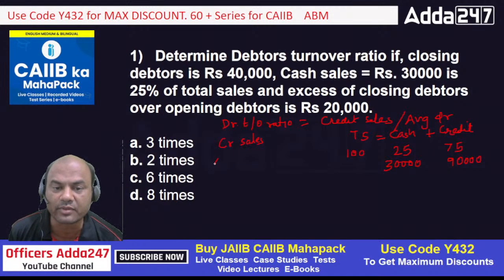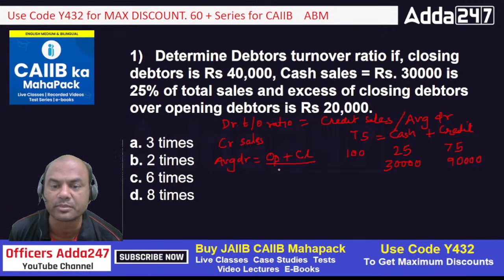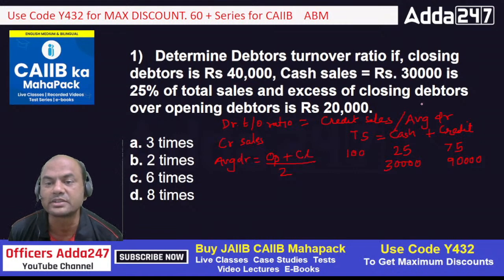Average debtors. What is average debtors? Average debtors means opening plus closing upon 2. But what is given over here? Closing is given as 40,000. The next part given is that the excess of closing debtors over opening debtors is 20,000.